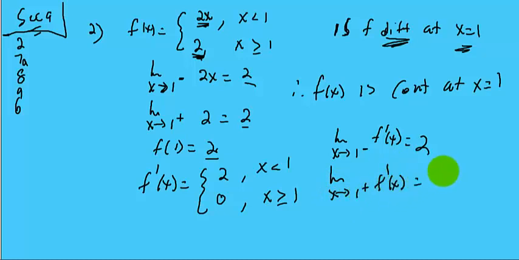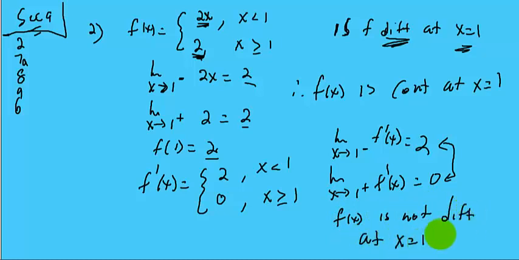What does that turn into? 0. We don't have a match. As soon as we don't have a match, then we know it's not differentiable there. Slopes have to be the same. Slopes are different. So we say f of x is not differentiable at x is equal to 1, and that is what you have to show on the free response question.